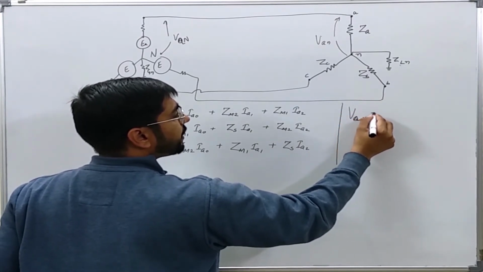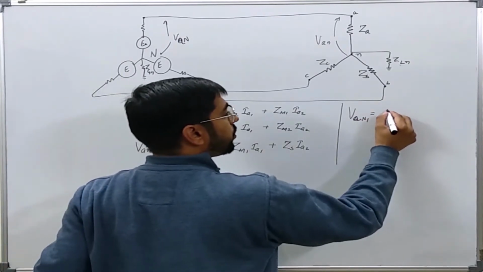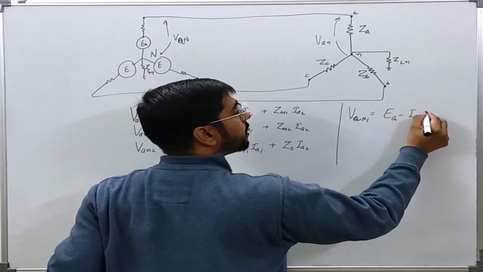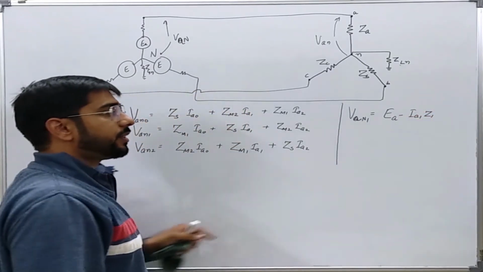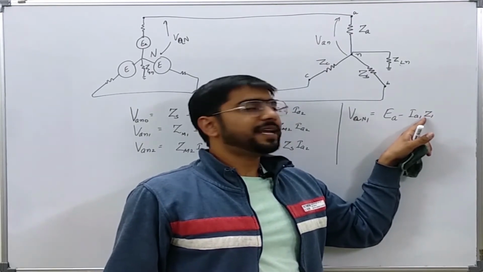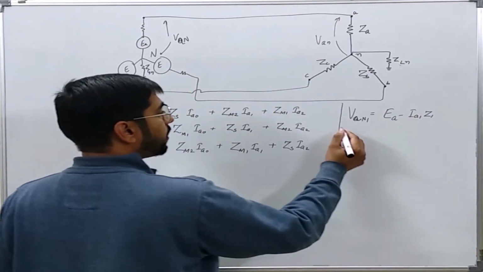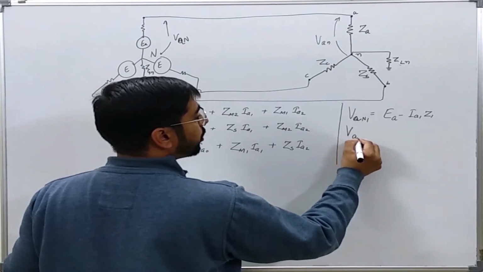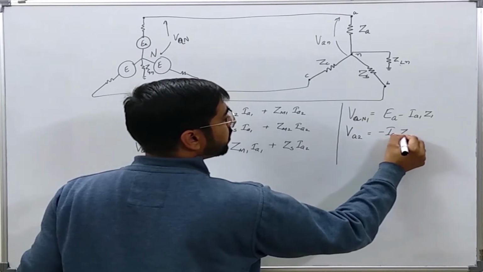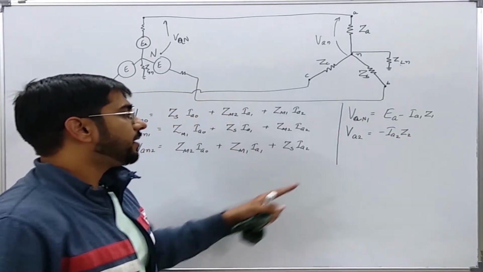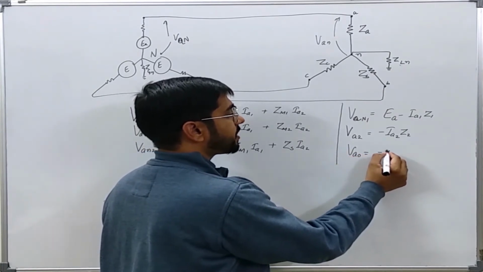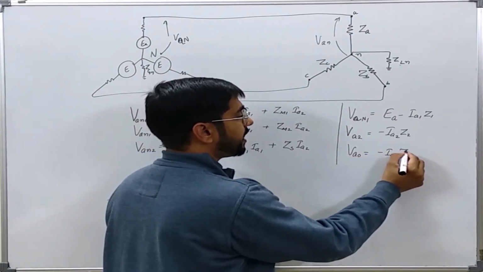Okay, now since it is a balanced system, here I can write Van1, the positive sequence component, equals Ea minus Ia1 Z1. It is nothing but the positive sequence impedance of the balanced network. Similarly, Va2 is minus Ia2 Z2, and Va0 will be minus Ia0 Z0.